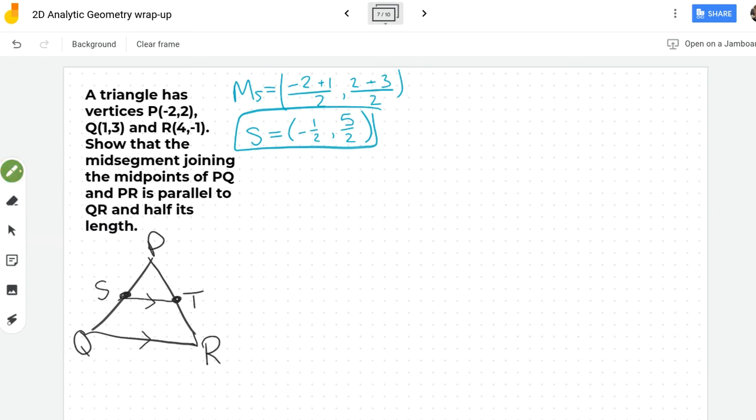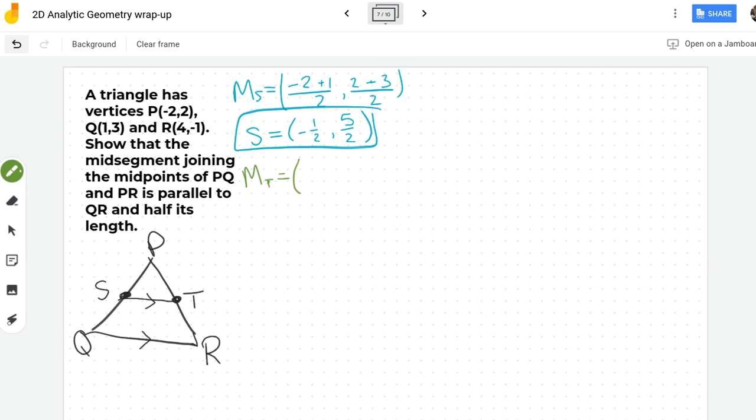Then we're going to find the other midpoint of PR, which I called T. So you could also put midpoint PR and midpoint PQ, but it doesn't really matter as long as everything is labeled appropriately.